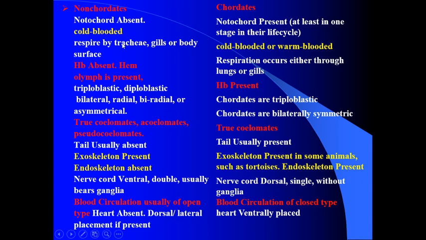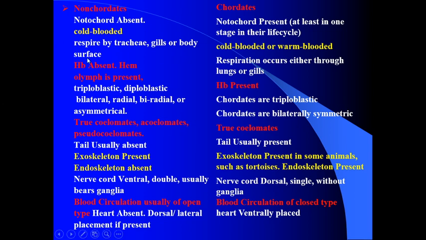Non-chordates are cold-blooded animals. Chordates are cold-blooded or warm-blooded also. In case of non-chordates, respiration is by tracheae, gills or body surface. In case of chordates, respiration is by lungs or through the gills. In case of non-chordates, hemoglobin is absent in the blood.